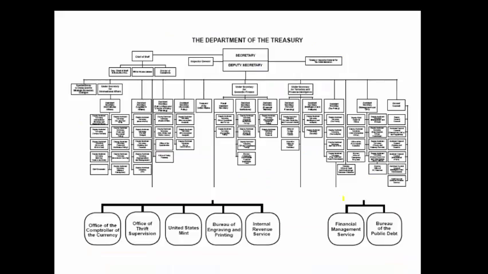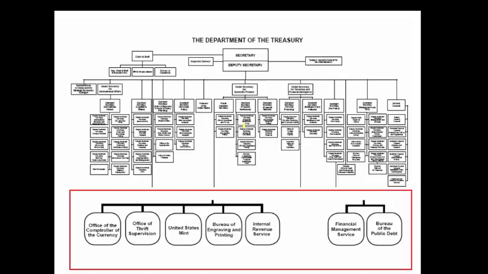The Department of Treasury, again, I've exploded the third tier bureaus down here because we've got lots of offices and administrative departments up here. But let's look at the third tier bureaus, the agencies that actually provide the work, the services to the public. And you may have heard of a few of these: the Bureau of Engraving and Printing, and the United States Mints, which makes our money.